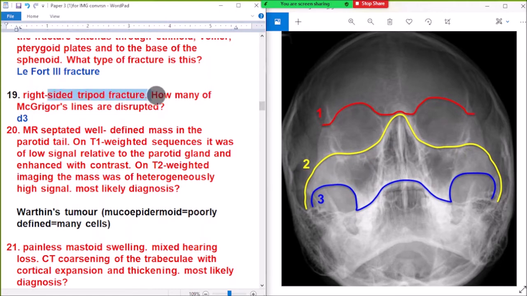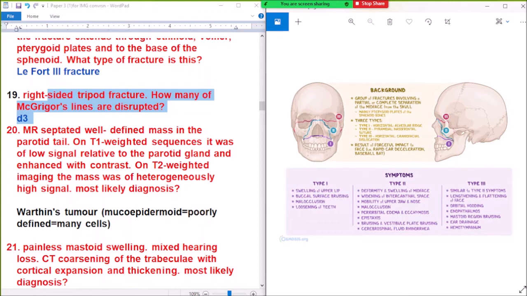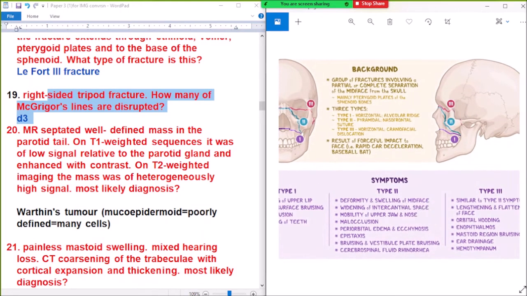Right side tripod fracture. How many McGregor lines are disrupted? 3. Next, again it says here tripod fracture.